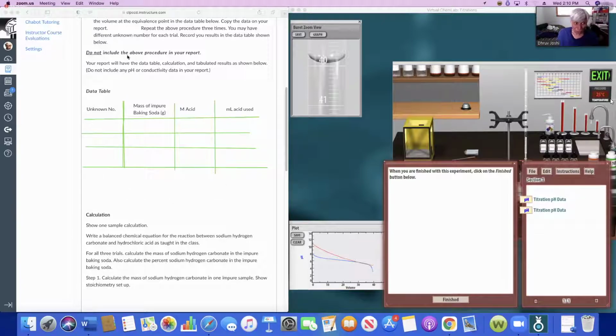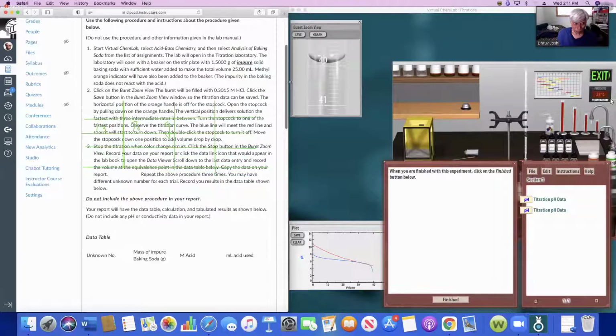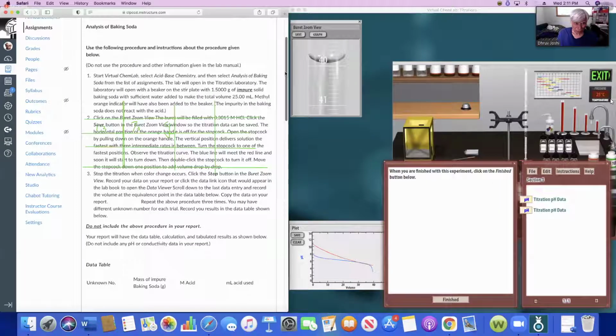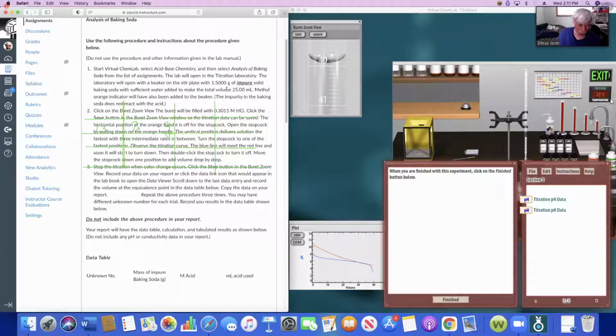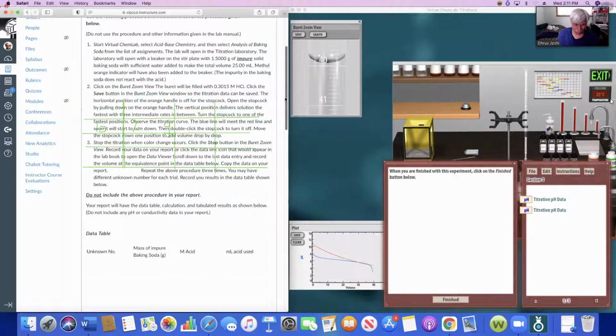Unknown number 13. Mass of impure baking soda. It was 7 point something grams. It was given up on top here. How many grams was it? Oh, 1.5 grams of impure solid, not 7.